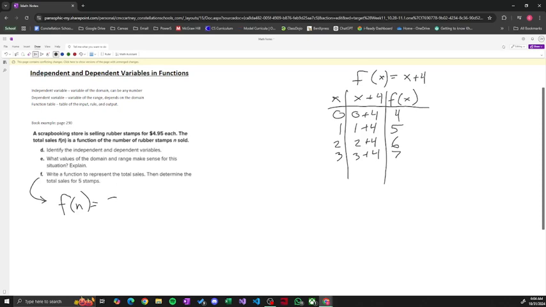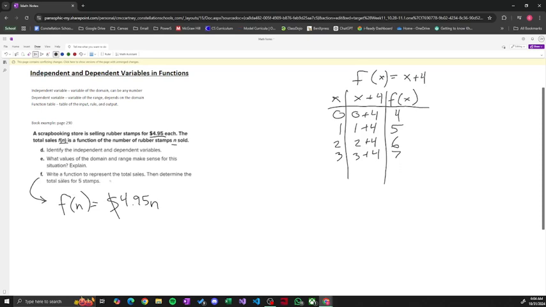So we can say that the total sales, f of n, is equal to $4.95 times the number of stamps sold, or times n.